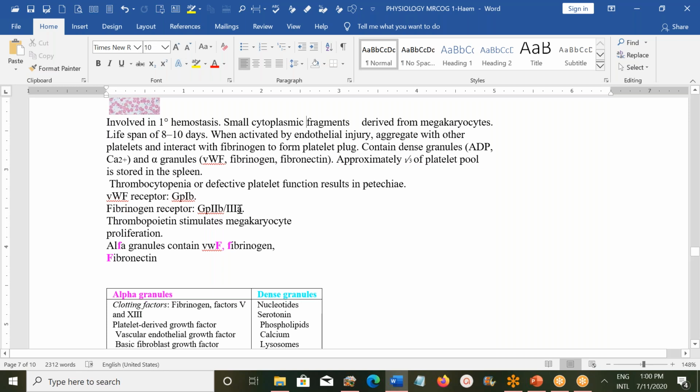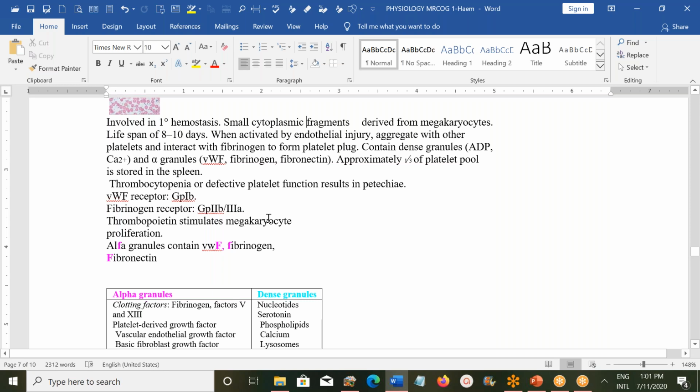First, for adhesion, we know that von Willebrand factor is also a receptor. If a person doesn't have this von Willebrand receptor, or the number of these receptors is low, then the patient is going to have von Willebrand's disease. Fibrinogen receptor is also important. Just remember these two. You should remember these very well.